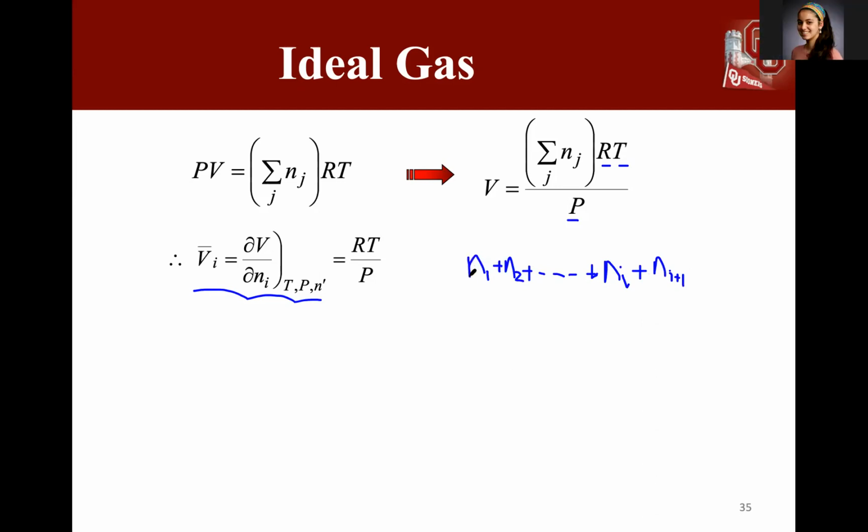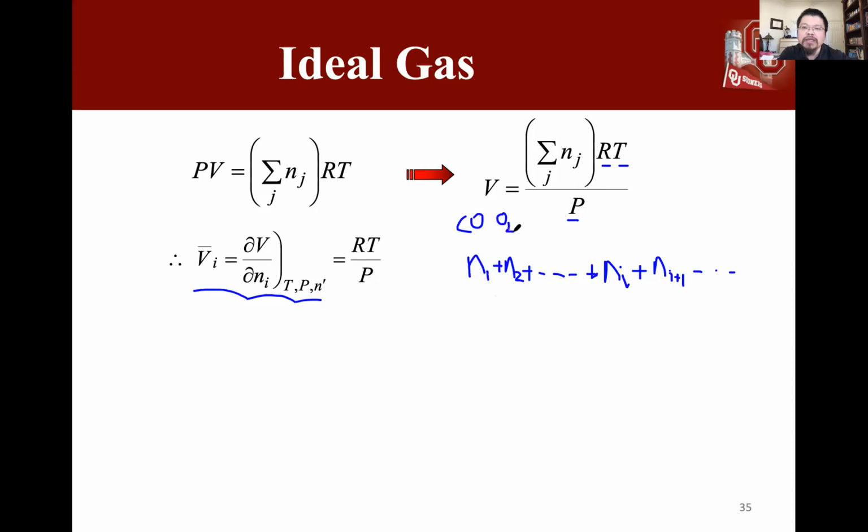So here, when we have N1, N2, Ni plus 1 dot dot dot, those would be the number of moles. Think about the example I have with CO and oxygen.